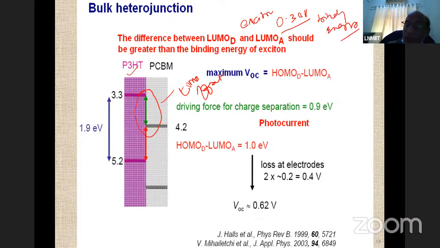If it is less than that, then excitons will not dissociate and there will be no charge transfer. So this LUMO offset should be greater than this value. Or if you want to reduce it, we have to use a donor or acceptor with high dielectric constant so that the exciton binding energy can be reduced.